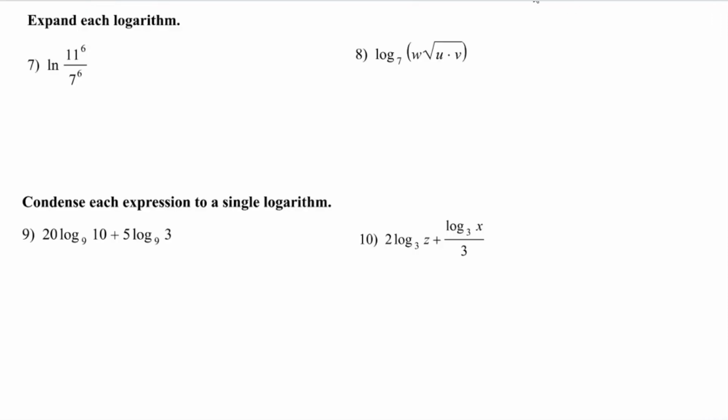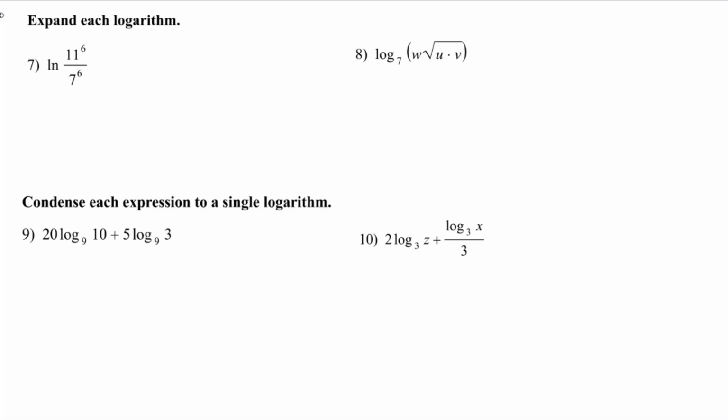Alright, we are using properties of logarithms now to first expand and then condense. So when we expand, we are taking one logarithm and writing it out so there's more than one logarithm. We're making it longer, which is usually the exact opposite of what we're trying to do in math.